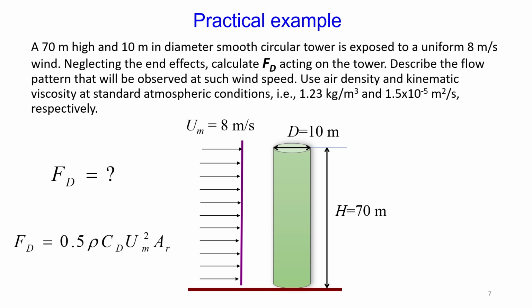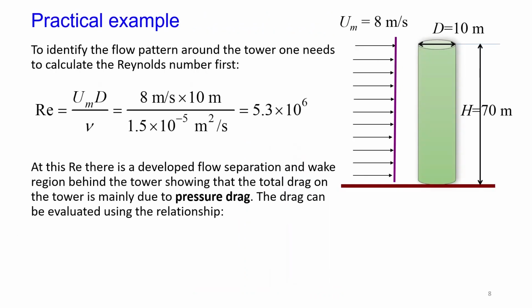For this equation, we need to know velocity, which is given. We also need the projected frontal area, which we can calculate because we have the height and diameter of the tower, but we need CD.